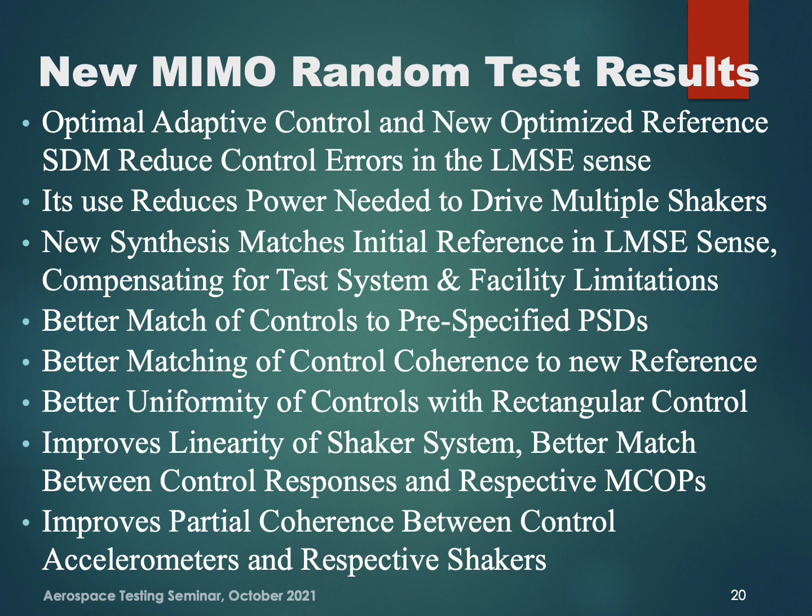It compensates for test system and facility limitations, as I've shown you by showing you the modified references. It's a better match of the controls to the pre-specified PSDs. It's a better matching of control coherence to the new reference. Better uniformity of controls with a rectangular control. It improves the linearity of the shaker systems and better match between control responses and respective MCOPs. And improves the partial coherence between control accelerometers and respective shakers.